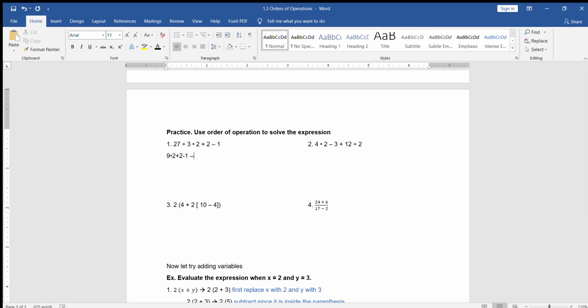What's the next operation? We're going to multiply. 9 times 2 becomes 18, and the rest we just leave as is. Now we have 18 plus 2 minus 1. Which one do we do first? Do we do addition or subtraction? We do addition. So it's going to be 20 minus 1, which is 19.